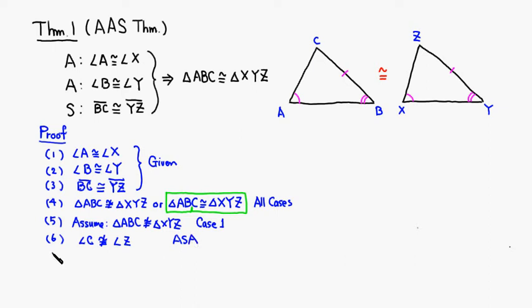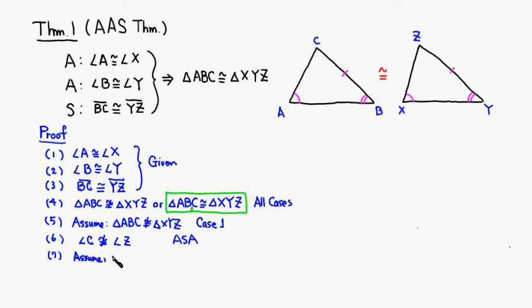Then we're going to make an extra assumption so that we don't have to separate it into two cases. If they are not congruent, one is going to be larger than the other. I'm going to assume without loss of generality, because if it's the other way around, we can just do the same argument anyway.